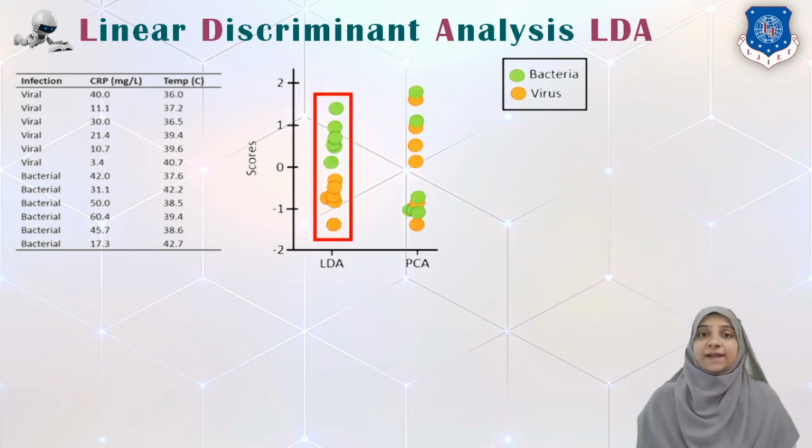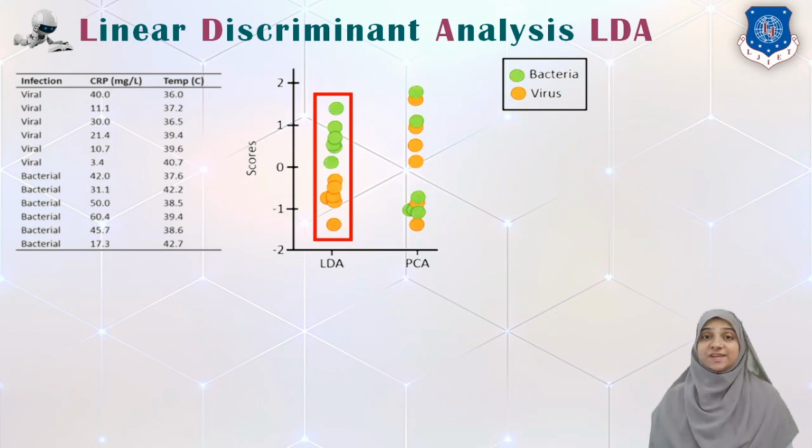Now let us compare LDA with PCA. Linear discriminant analysis, if I have plotted, will separate viral infection data points very well from bacterial infection data points. If I had plotted the same data points over a two-dimensional axis, and found the first principal component and later the second principal component, and projected all data points to a single feature or single axis, my data points might look like the second diagram denoted by PCA.